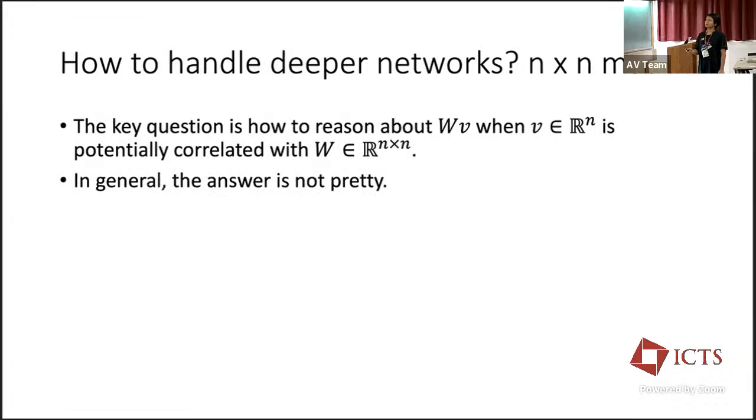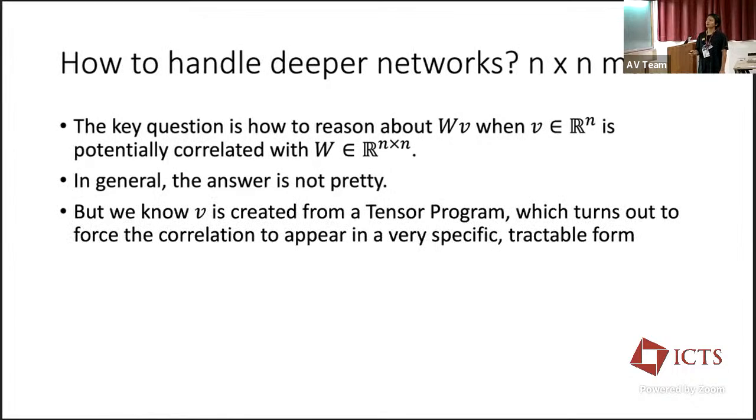In general, allowing arbitrary correlation, the answer is not very pretty. For example, V can be in some eigenspace of W, or a mixture of those things. But we know that V is created from a tensor program, which turns out to force a correlation to appear in a very specific and tractable form, as we'll see in a second.